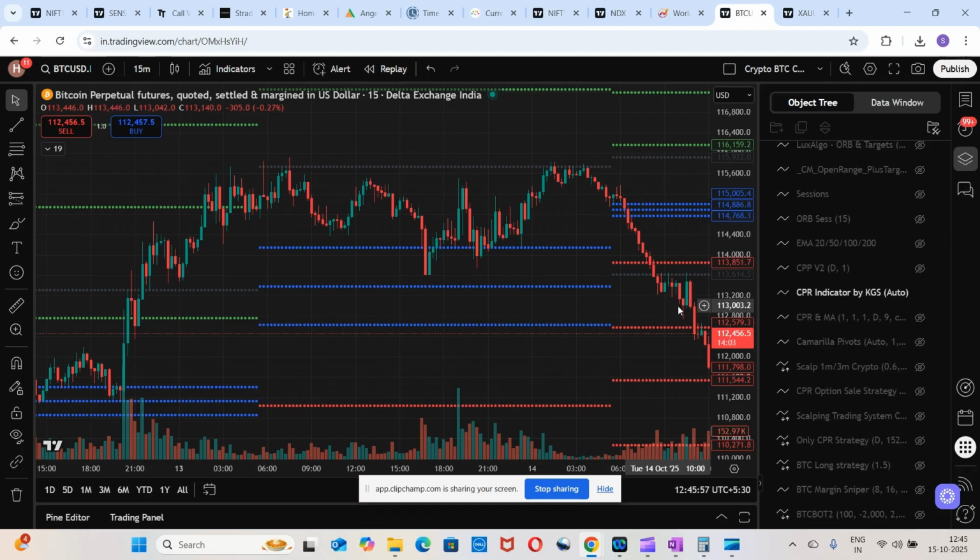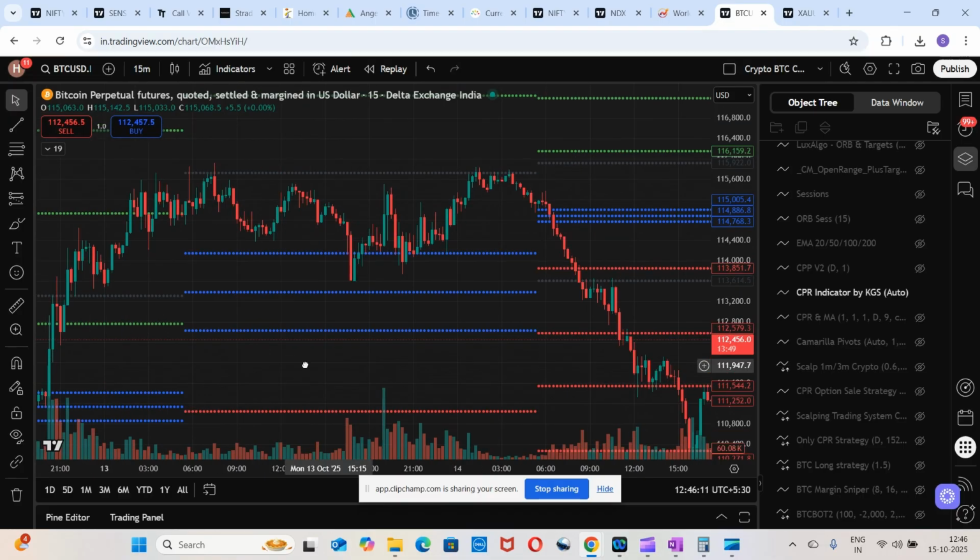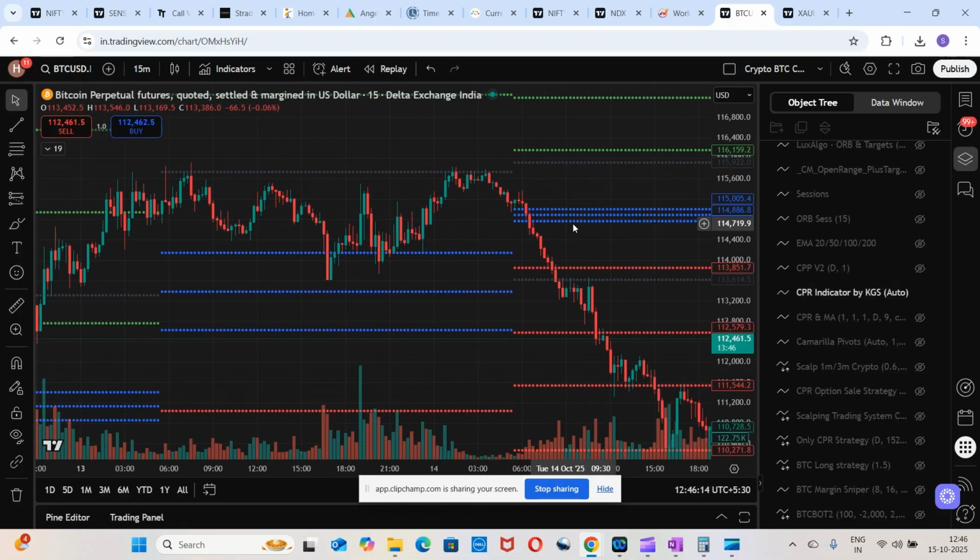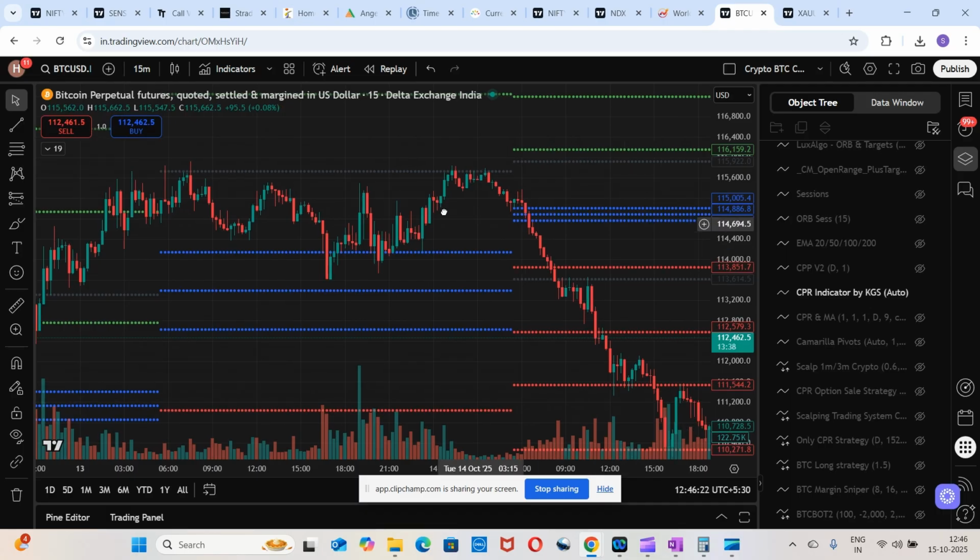When the gap is very large between these CPR lines, then you can expect a range bound market. As you can see, this is a range bound market. And that's what they use to trade in the options market when the CPR is very narrow and you're expecting momentum. Once it breaks, you can take a put trade here, or a bear put spread, or a bear call spread.